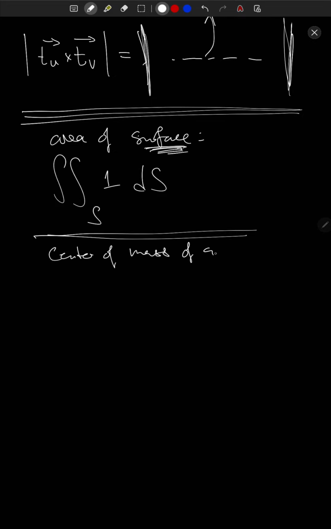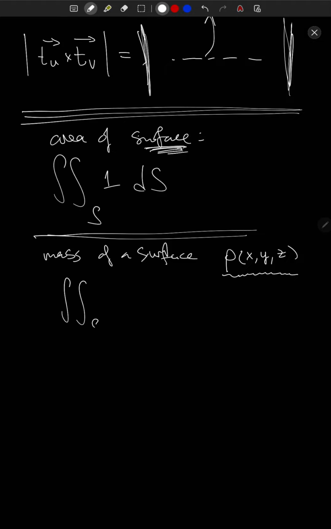Center of mass of a surface, or let me say mass of a surface first. If you have a mass density rho(x, y, z), which tells you how dense your two-dimensional object is at each point, then the mass would be the integral of rho dS. Okay.